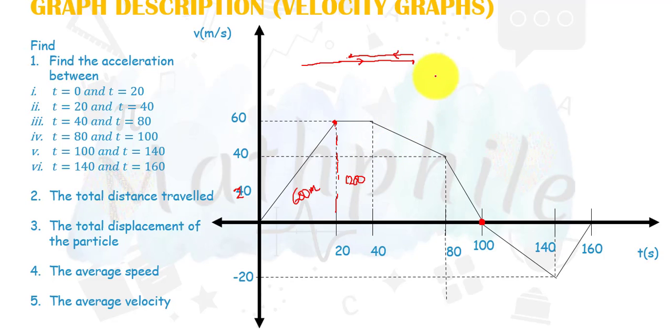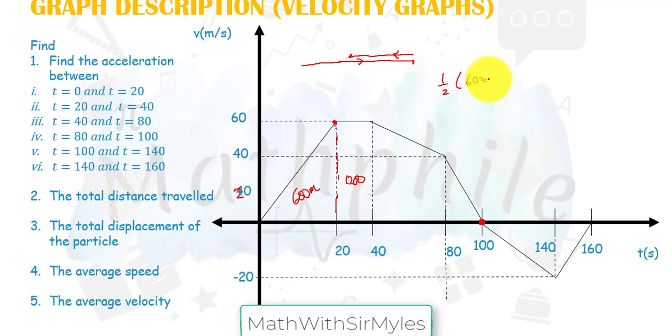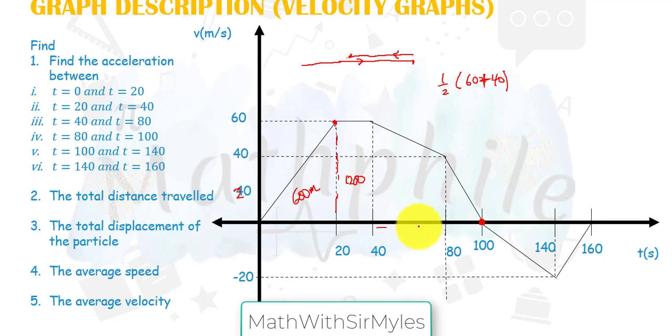It's a trapezium, and the area of a trapezium is 1/2 the sum of the parallel sides. This is one parallel side and this is another parallel side, so 60 plus 40 times the height of the trapezium, the distance between this side and this side. So times 40.